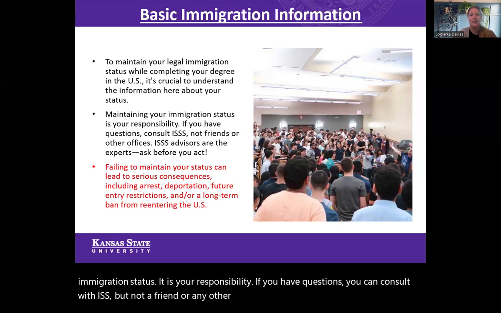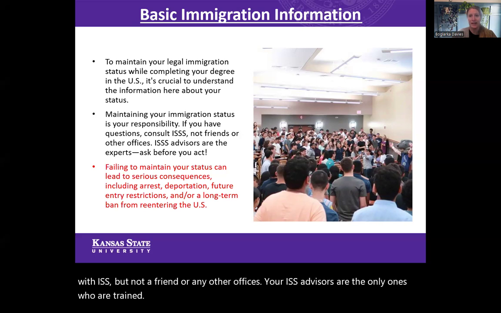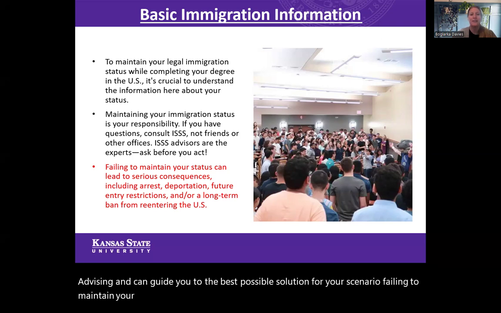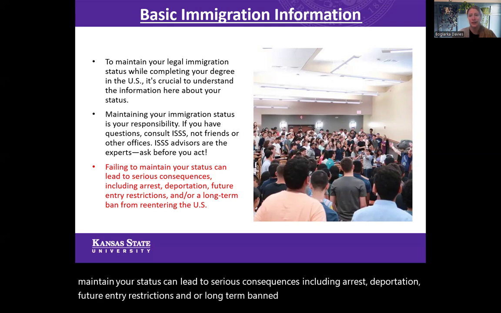Your ISSS advisors are the only ones who are trained in immigration advising and can guide you to the best possible solution for your scenario. Failing to maintain your status can lead to serious consequences, including arrest, deportation, future entry restrictions, and/or a long-term ban from re-entering the U.S.